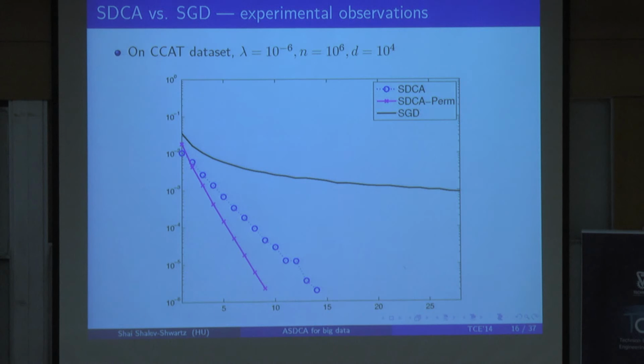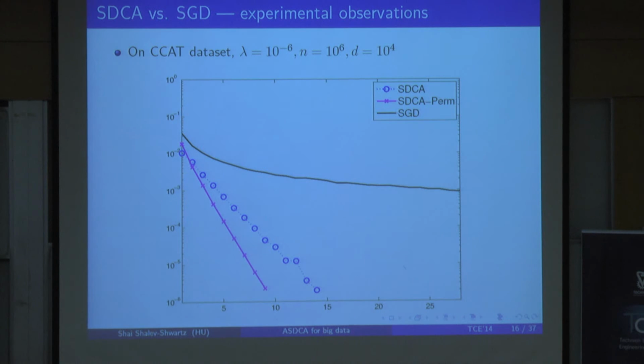So first, experimental observation. This is on a text processing data set with almost a million examples, 10,000 dimensions. What you see in the black line is stochastic gradient descent. The y-axis is the accuracy, how far you are from the optimum, in logarithmic scale.